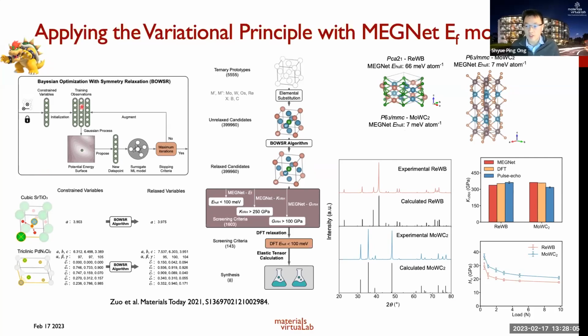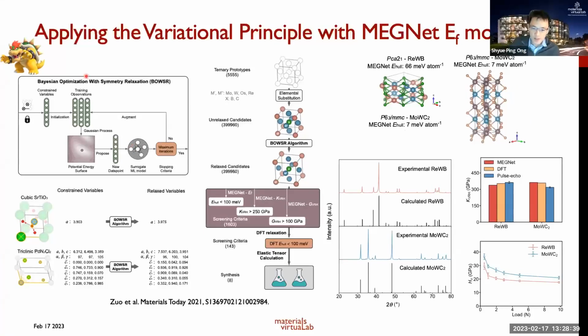We used a Bayesian optimization with symmetry relaxation process. In other words, we constrain the lattice parameters and atomic positions by symmetry. We then use Bayesian optimization to propose the next set of lattice parameters, and we then use the MEGNet formation energy model to predict the energy. And if it is a lower energy structure, we will accept it, and if it is a higher energy structure, we would reject it. And in the process, we can relax our crystal structure.